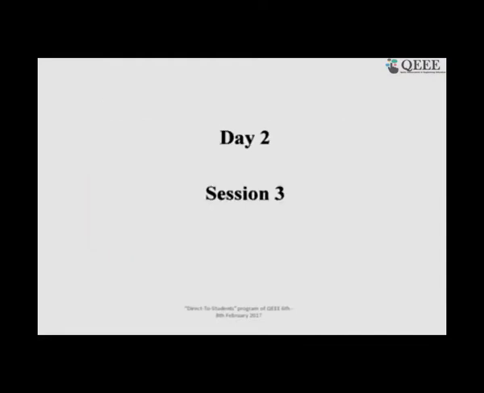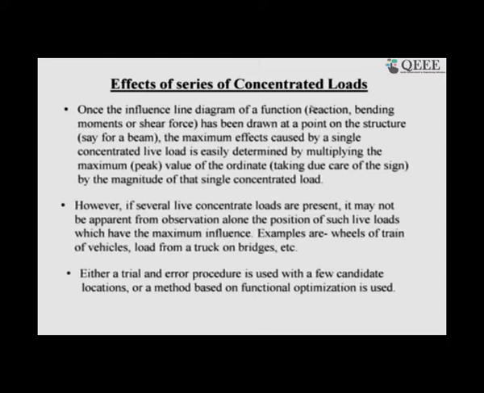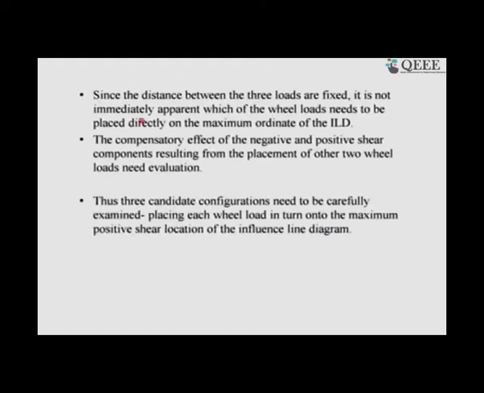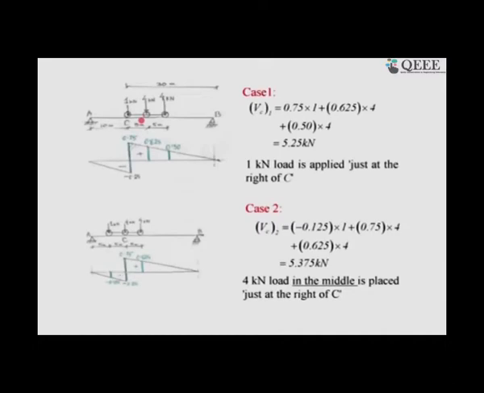Day 2 session 3, we have the concentrated load effects. We have taken 3 concentrated loads as an example from Professor Hibbeler's book, and we have seen how to determine the maximum shear at a point.